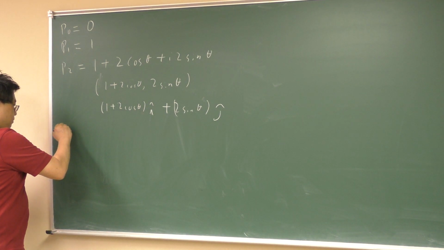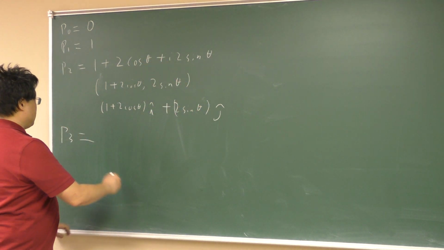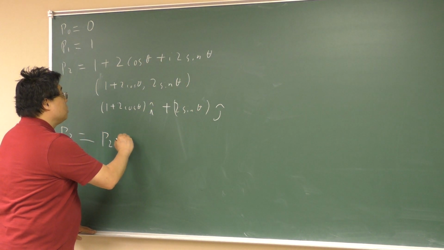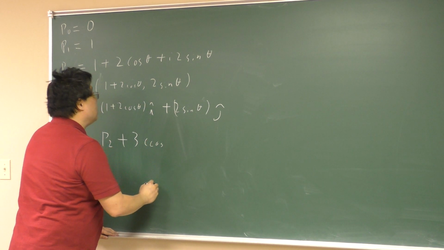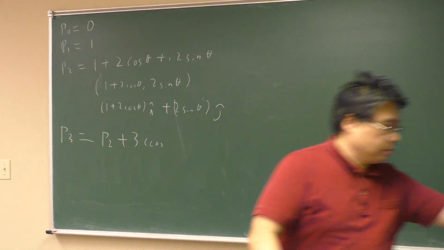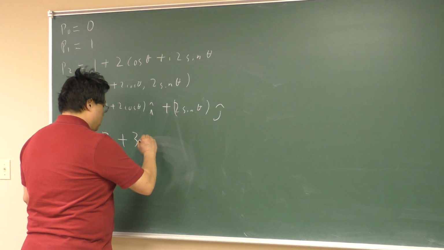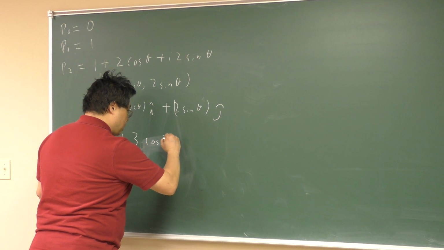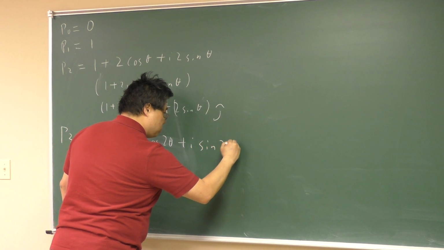P of 3. Now it's getting tedious to write everything, so I'm going to write it as P of 2 plus 3 times cosine of 2 theta plus i sine 2 theta.